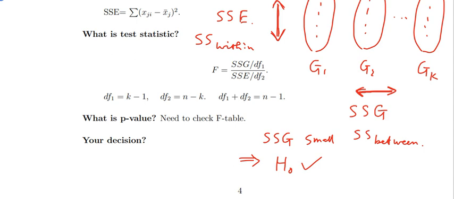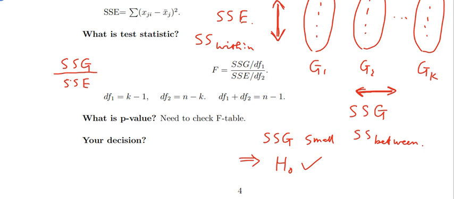So at first we need to standardize this. Then check a table, right? So just like a general normal to standard normal. So we standardize SSG. We need to compare with SSE. Okay.